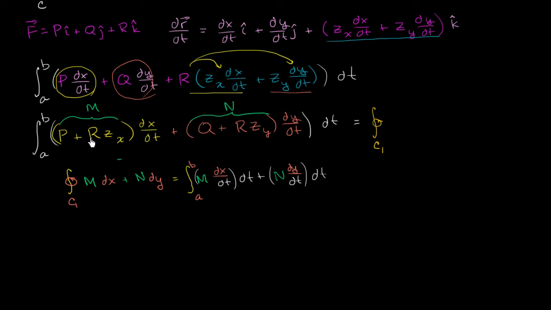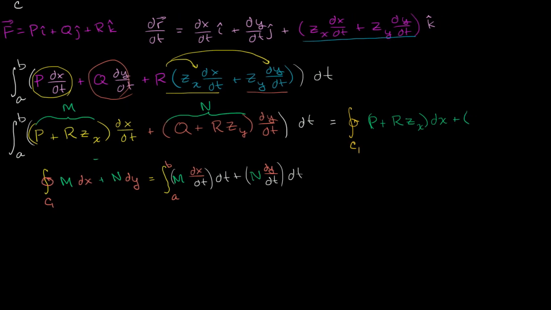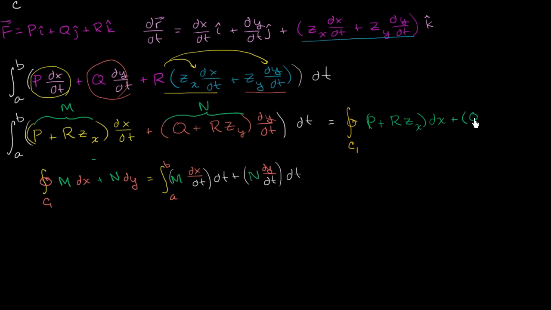So it's going to be P plus R times the partial of z with respect to x dx, plus N, which is Q plus R times the partial of z with respect to y dy.